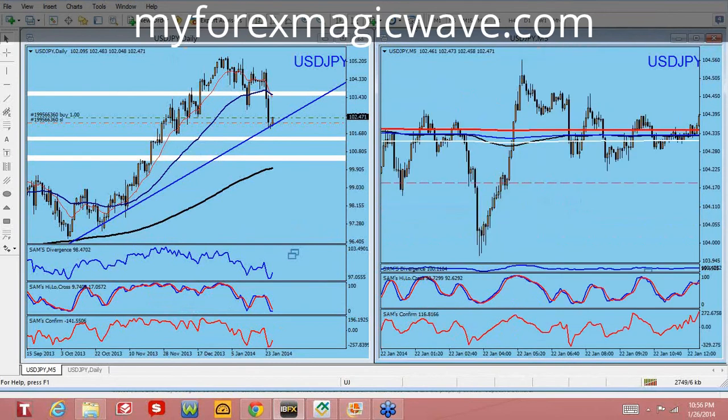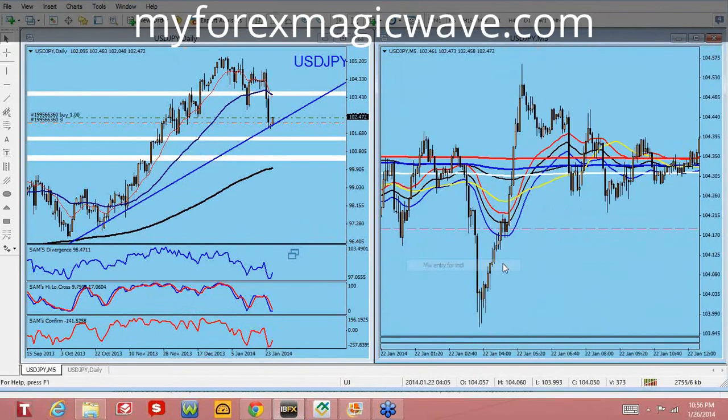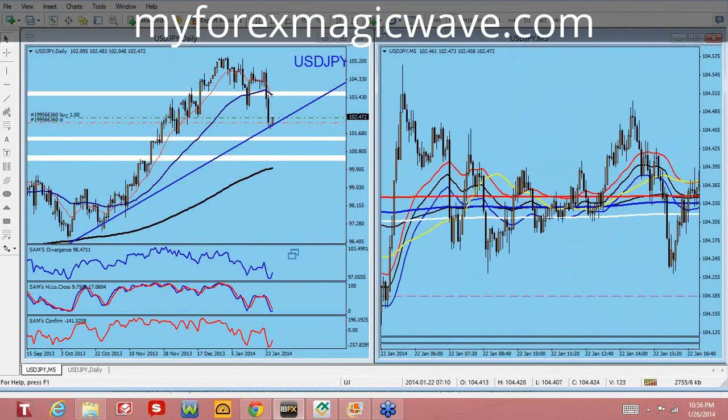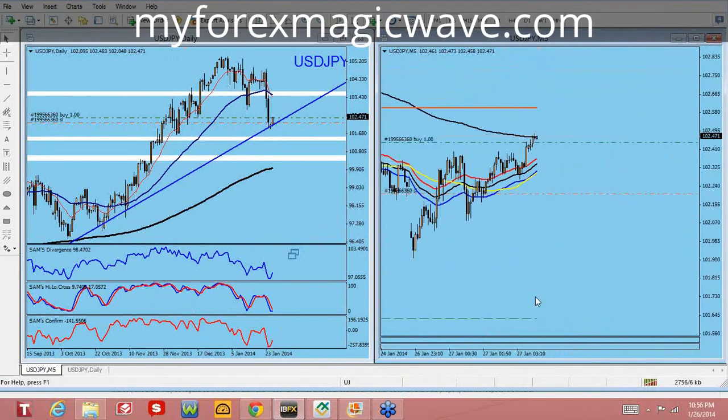Let me turn to the 5-minute and see if I can find my setup. Okay, here. What I have here is these bottom indicators hidden. You get those when you get the Magic Wave strategy.